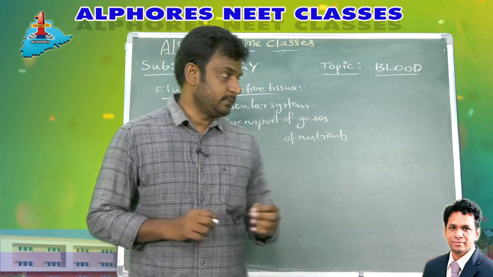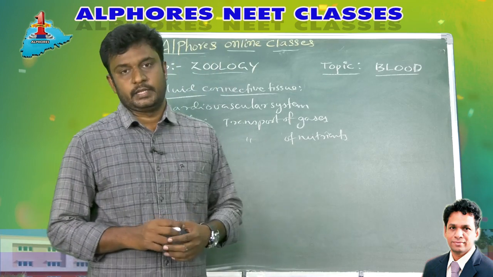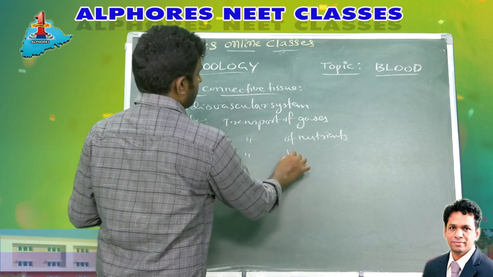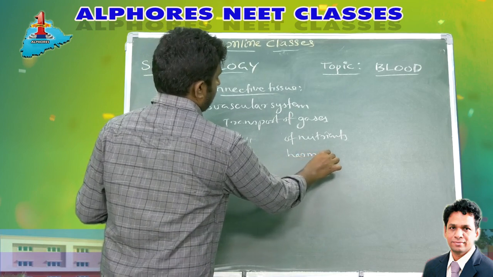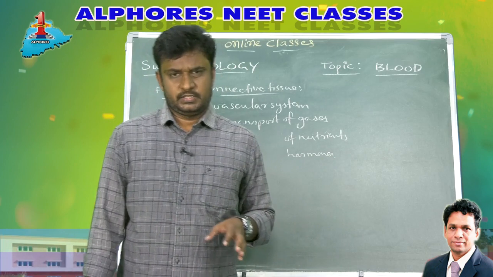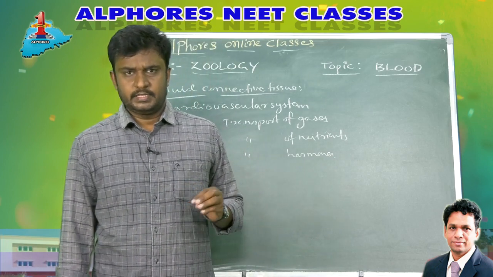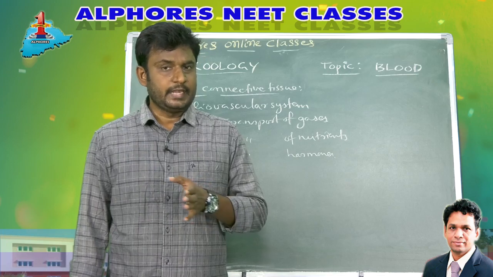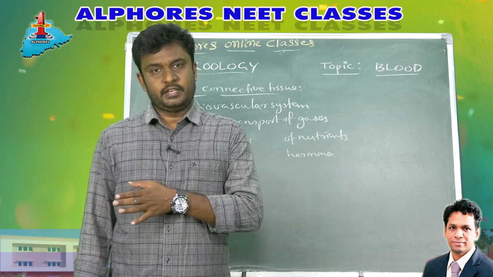Okay, so it transports the food materials like nutrients, and also it transports the hormones to various parts of the body or to the target organs. One hormone is released from one gland into blood, and it acts on another organ, the target organ.